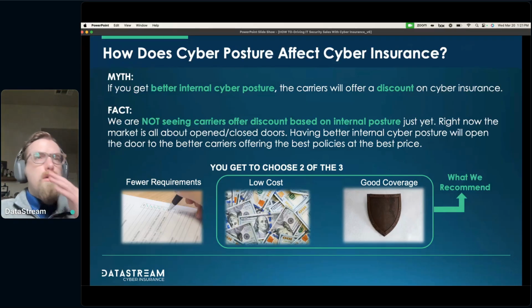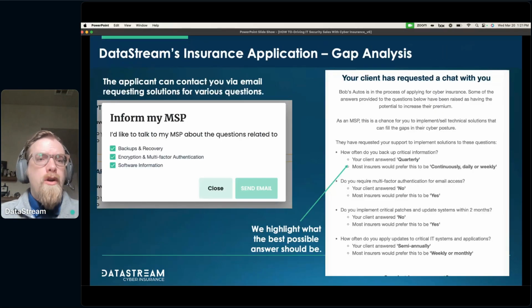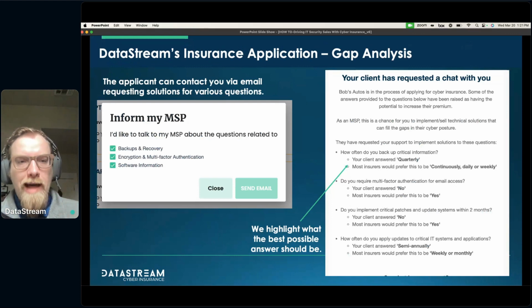So, this is exactly where our insurance application comes into play and why we incorporated a gap analysis directly into it. Obviously, we created that checklist that we already went over to hopefully broach that subject with customers and get them understanding what they're going to need ahead of time.